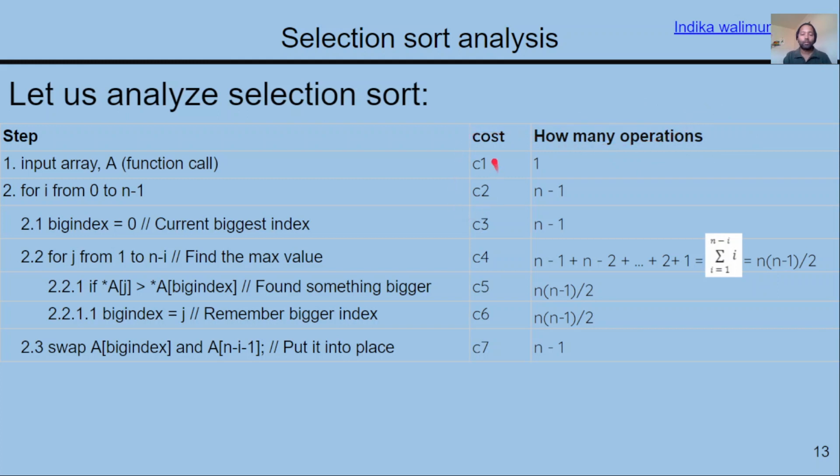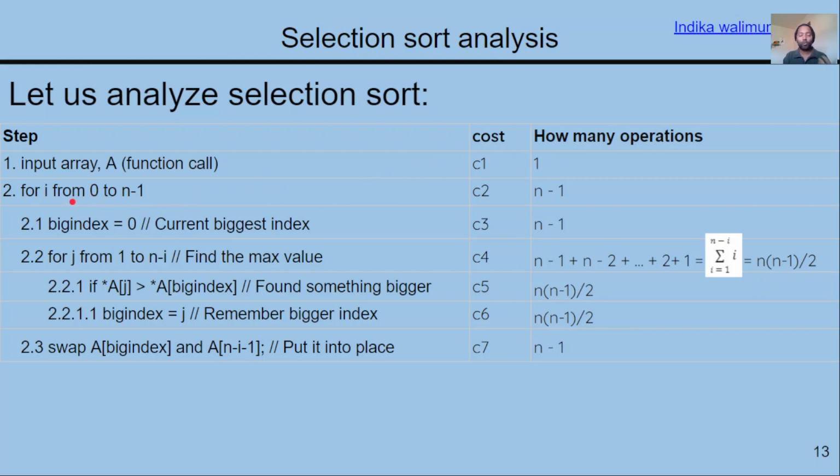The cost of a single step is in this column, and how many such steps or operations in the last column. The first step is a function call. So its cost is C1, and when you call it one time, it's just one call. So the number of operations is one.